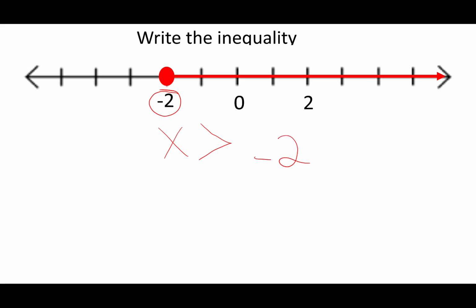Then I look at my circle, open or closed. It's a closed circle, so that tells me it's got the equal to. So in this case, x is greater than or equal to negative 2. Sorry, I forgot to put my negative sign there, guys.